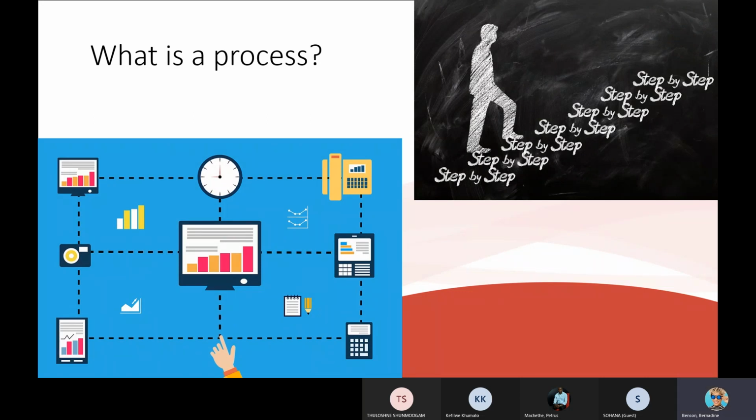Let's take a moment to think about the term process. What does it mean? What does it imply? In the most basic terms, a process is a step-by-step, often predetermined path that must be followed to produce a specific outcome.